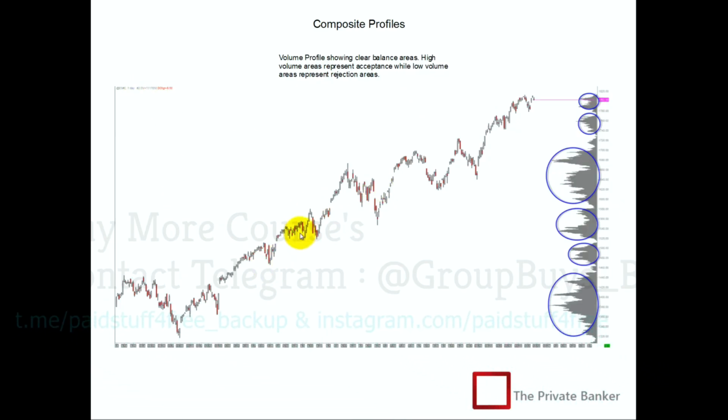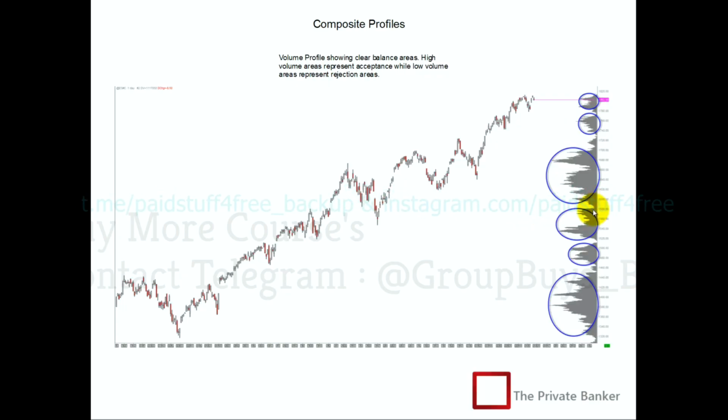And what we're envisioning here is seeing how the market is rotating between these high volume areas as the auction moves higher and lower. So what I've done here is I've circled real high volume or balance areas, and between these are low volume areas where the market really just has not spent any time trading and filling in volume.